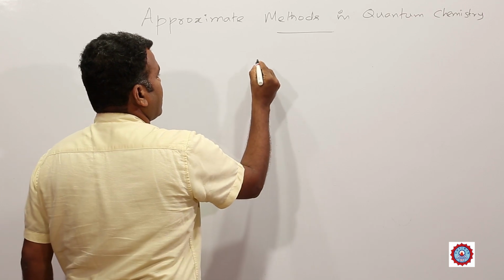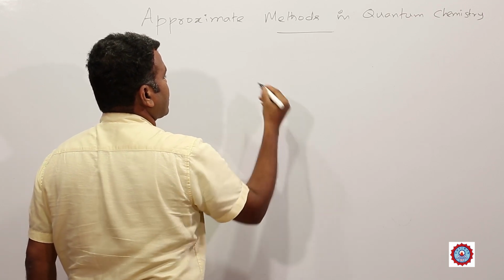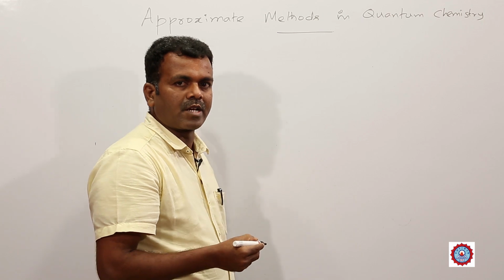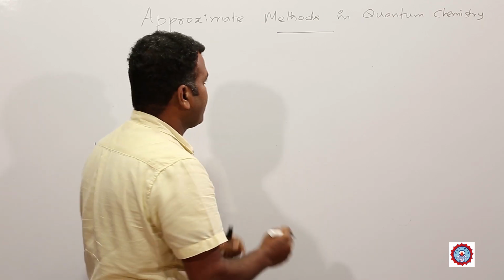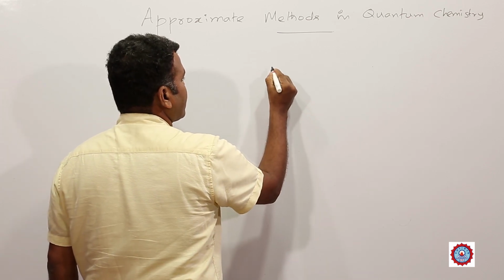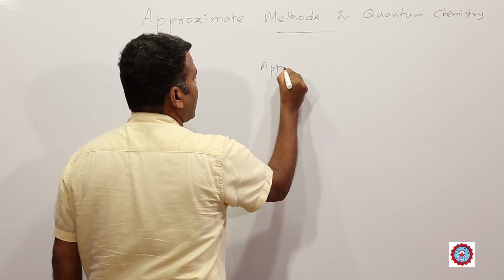So, in the case of a system containing more than one electron, it is very difficult to solve the Schrodinger equation. Therefore, to solve it, we adopt certain approximate methods.